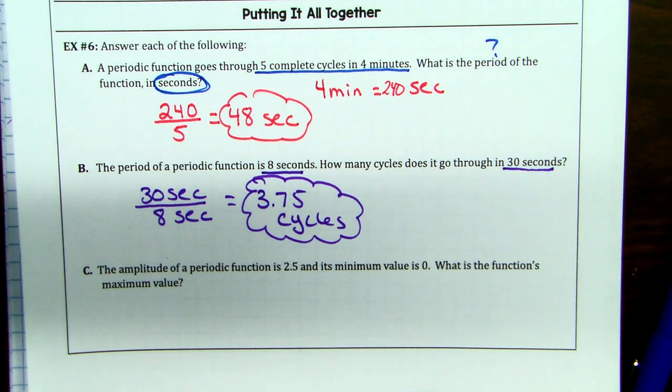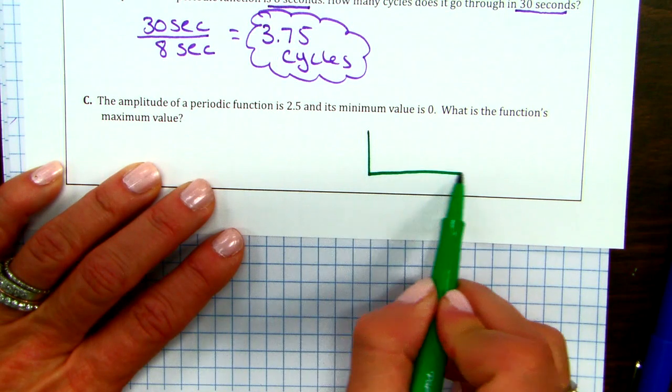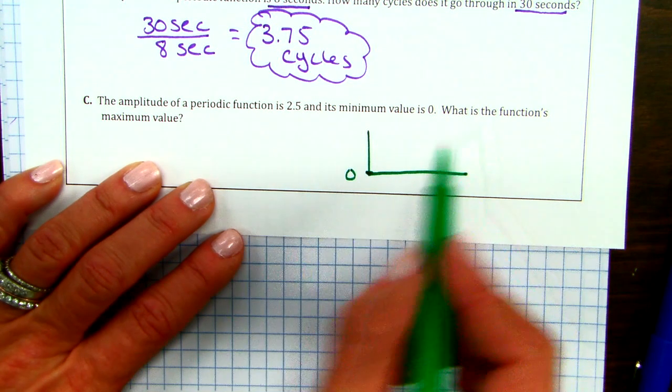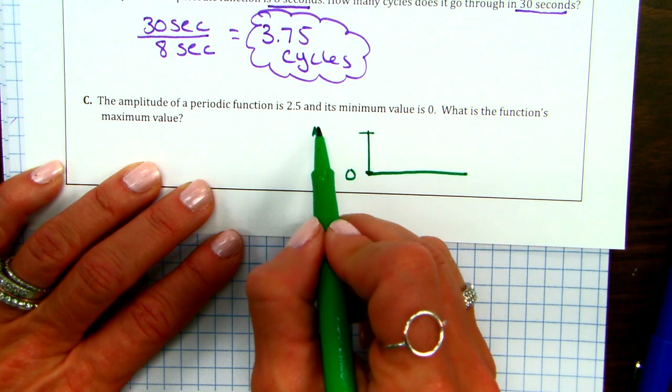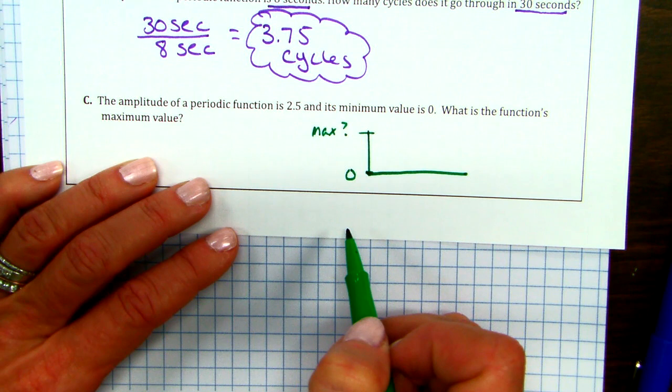Right, think about this one. The amplitude is given, 2.5, and they give us the minimum, which is 0. What is the function's max? It is 5. Good. So we're at 0 as our min. We're trying to find the max, and they give us an amplitude of 2.5.